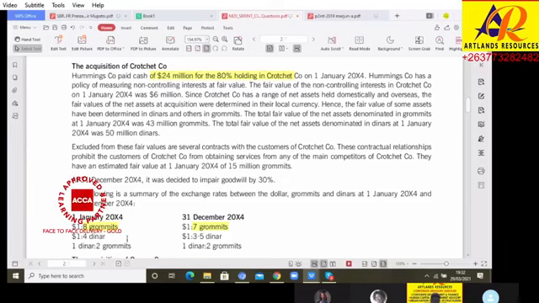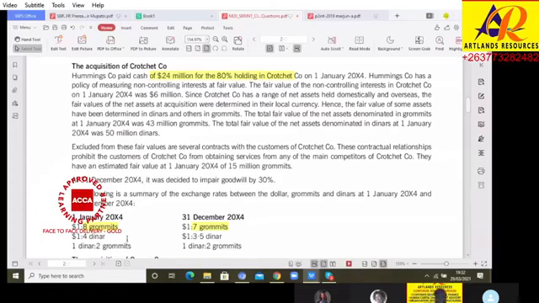How do you calculate consideration transferred? I think you multiply 24 million with 8 grommets. Yes, you multiply 24 million by 8 grommets. If you fail to do that, you get a huge negative goodwill and you get the shock of your life.